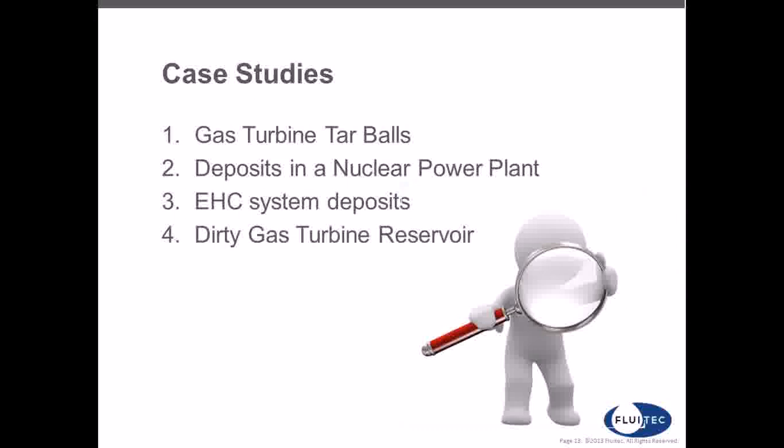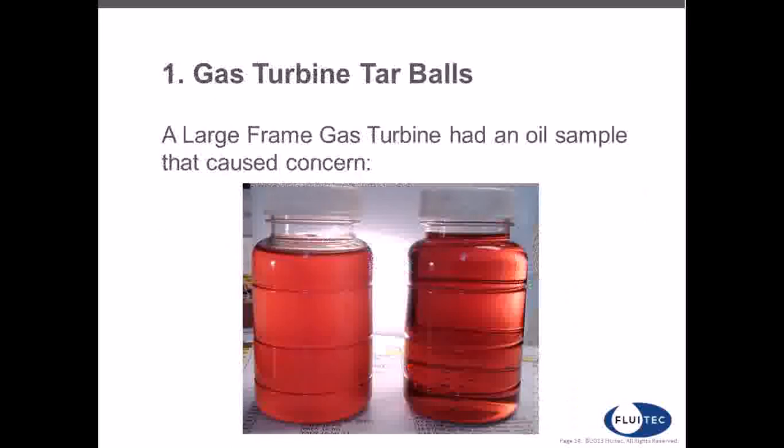To start off, our first case study is a gas turbine that had a very good oil analysis program in place, but they noticed before an outage that one of their sample bottles was very cloudy, and if you let that sample sit for a period of time, the varnish potential, the membrane patch colorimetry test, was alarmingly high.